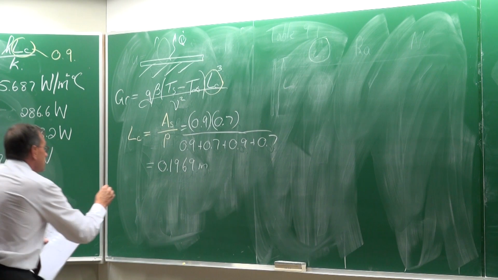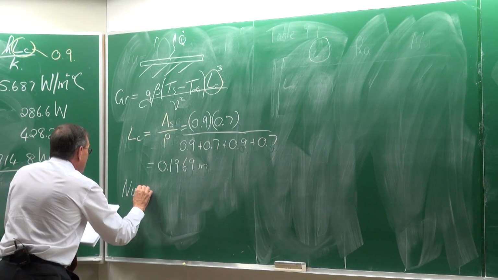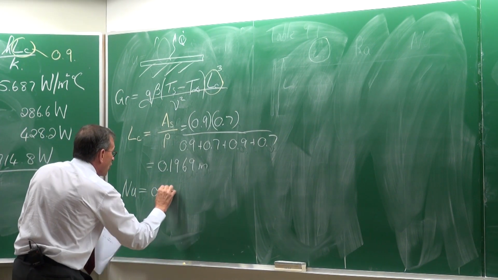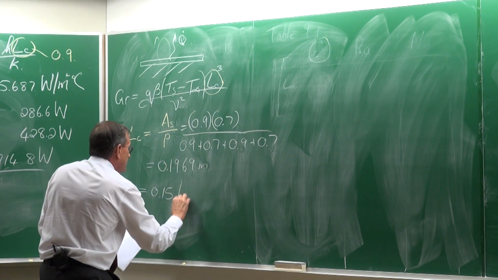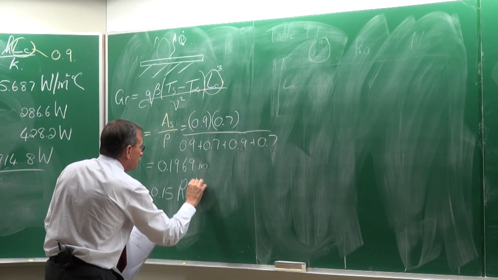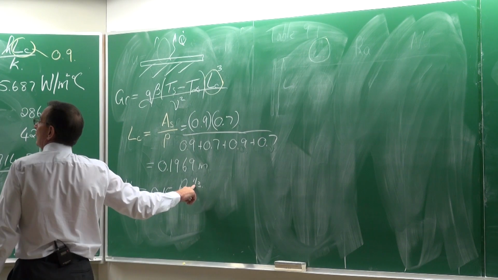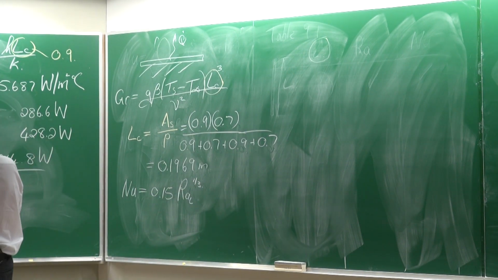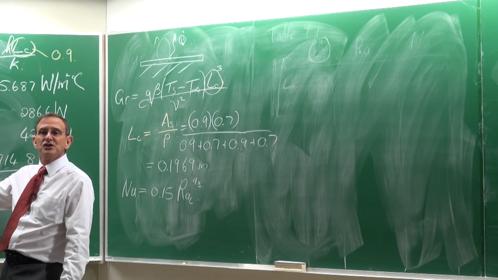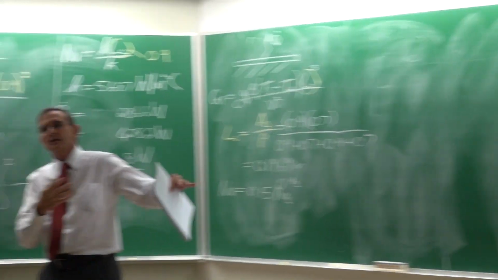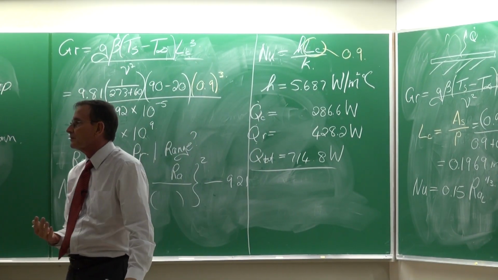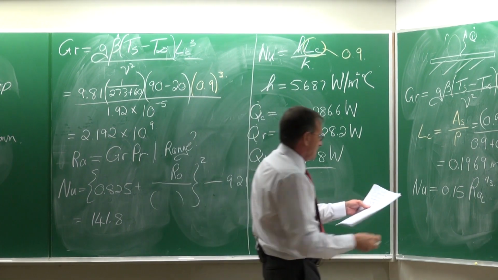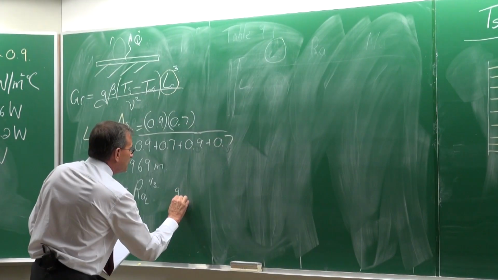In terms of the Nusselt number calculation, now the Nusselt number is equal to 0.15 Ra to the third. Why not this long equation? Because the table tells you which equation to use. Okay. And that is equation 9.23.